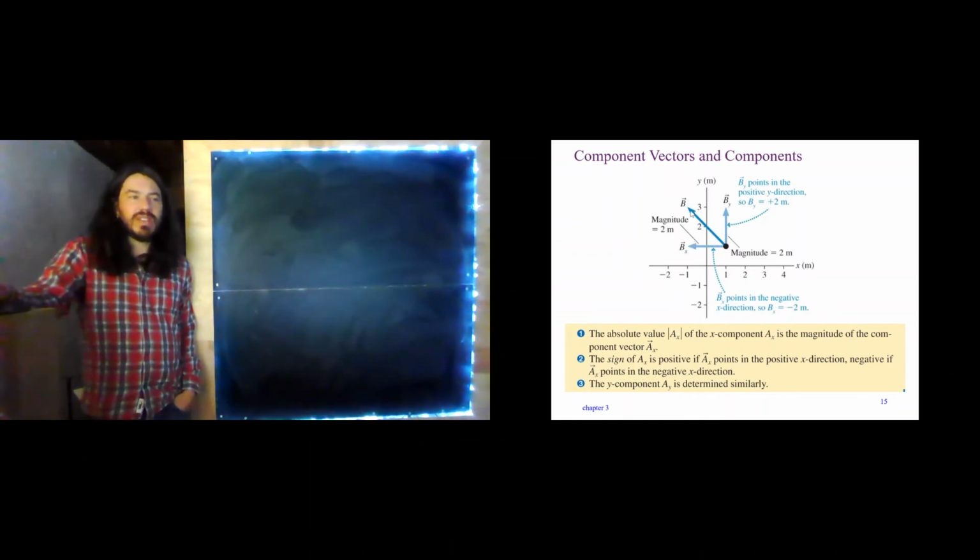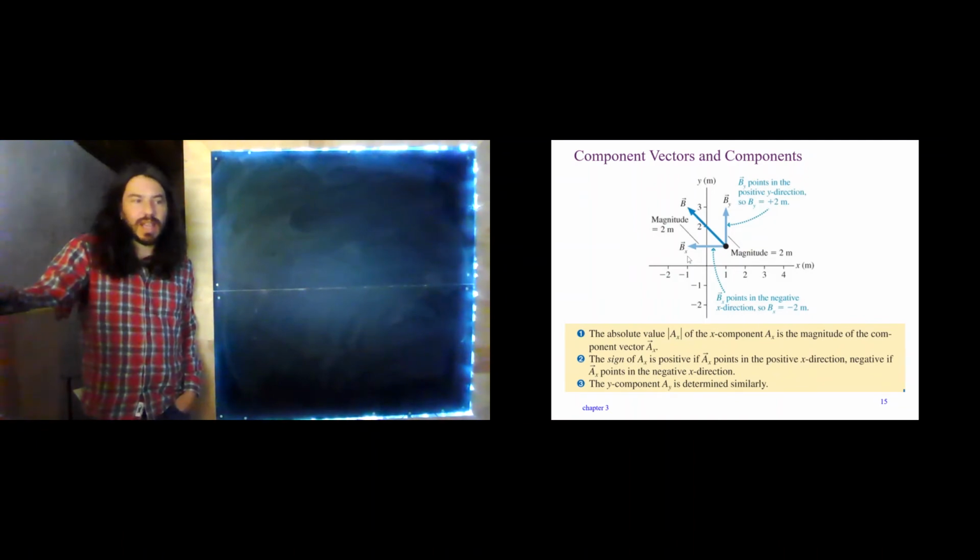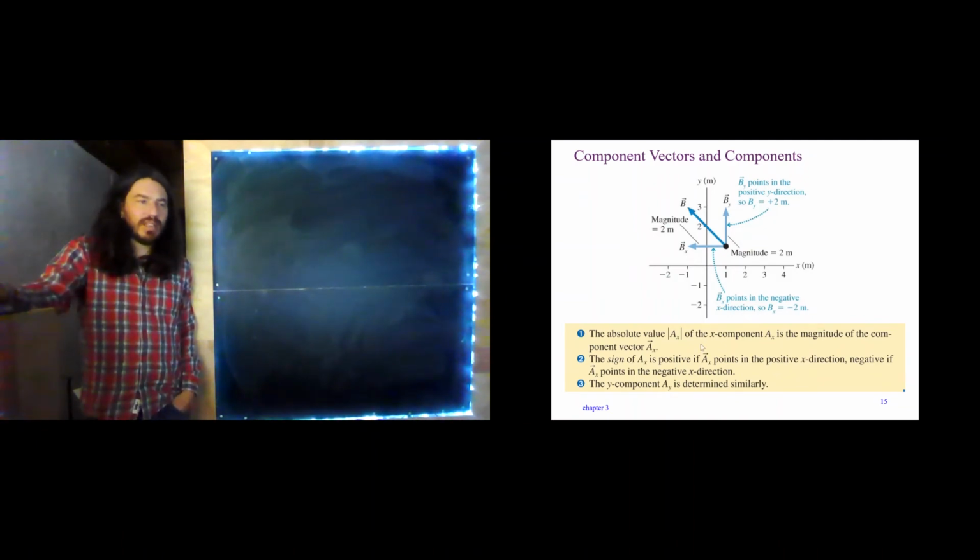Notice that since B is sort of pointing more up-ish than down-ish, the y component is positive. Since B is pointing more to the left-ish than to the right-ish, the x component is to the left, or in the negative direction. And, you know, this makes it sound much harder than it is. The absolute value of the x component, a sub x, is the magnitude of the component vector.